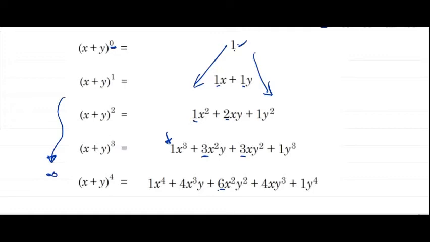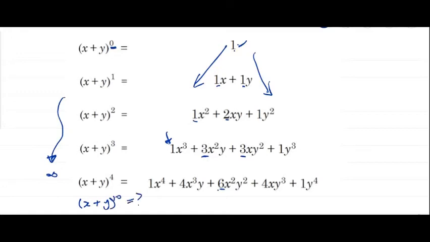So let's see if we can find a pattern so that we would be able to generate, say, the 10th row of this if we were so inclined.